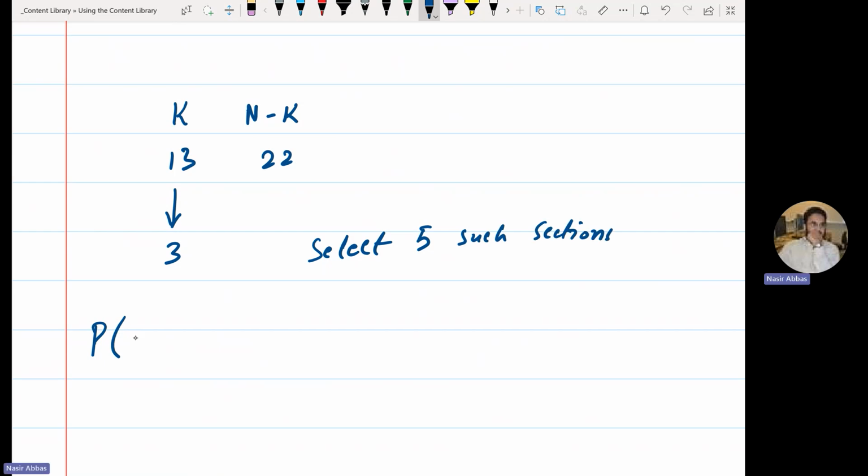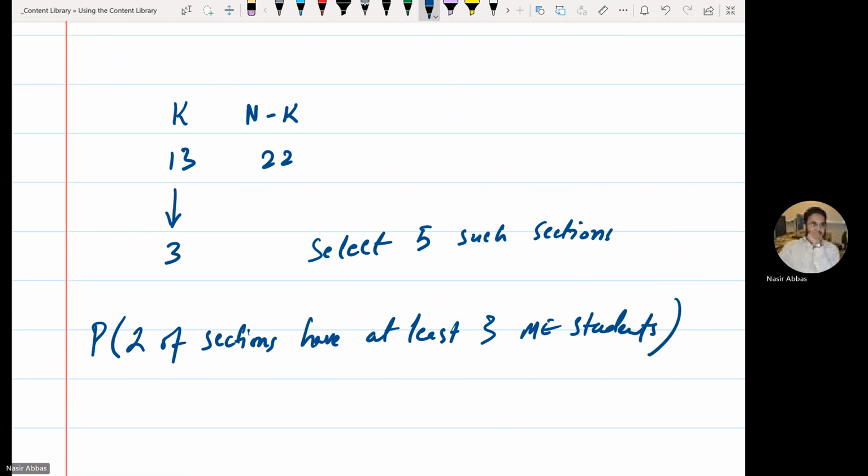What is the probability that 2 of the sections have at least 2, or let's say 3 mechanical engineering students? No, not 3. I am selecting 3. Let me select 6. So I have a section of 35 students. I will select 6 students. What is the probability that at least 3 of them will be mechanical? You can find that. With what distribution?